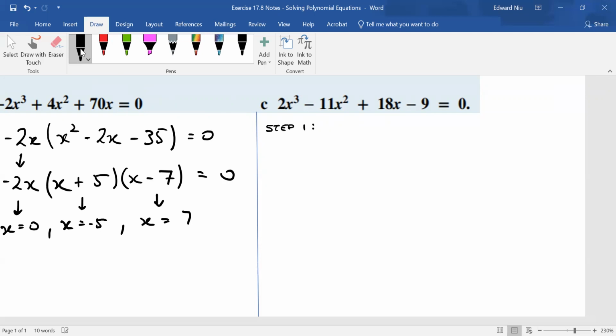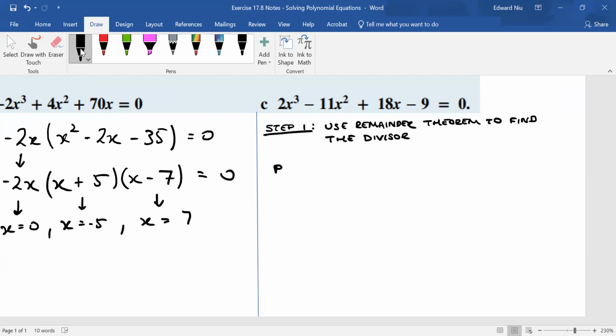Step 1, use the remainder theorem to find the divisor. So the remainder theorem goes like this. We trial and error.